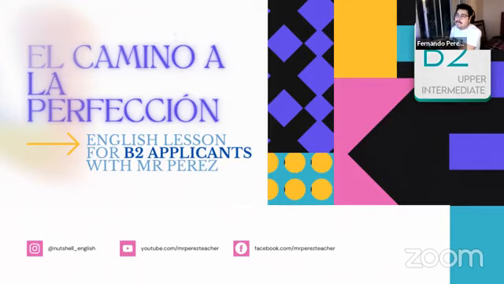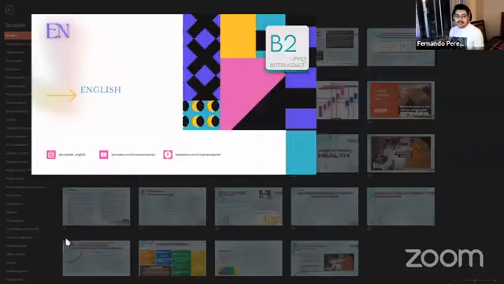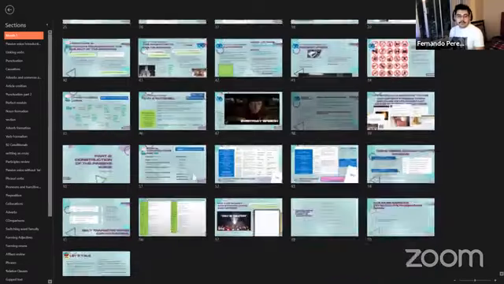This is going to be the next section, and we are going to study what type of adverbs exist in our language, in English. What do they do? What are they for? What is the usage of adverbs? And that's going to be the mission for this week.